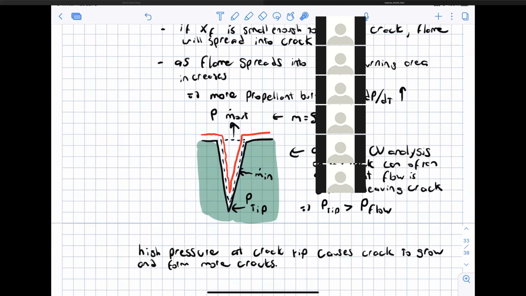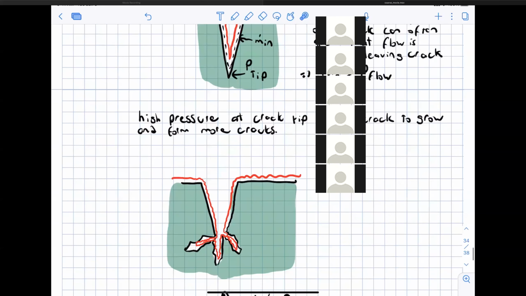Now I think some of you can probably see what's going to happen here. If you have a very high pressure here and not so high pressure here, this can cause the crack to grow. Under the worst conditions, this crack grows and splits and forms more cracks.